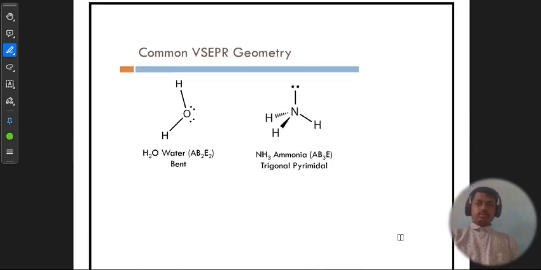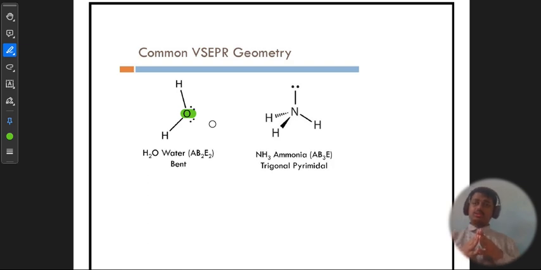Now we will use the VSEPR theory to predict the shapes of two molecules, H2O and NH3. Firstly, we will identify the central atom. For H2O, the central atom is oxygen. If we look at the oxygen and place the two side hydrogen atoms, forming 1 bond each, this results in 2 bond pairs and 2 lone pairs.